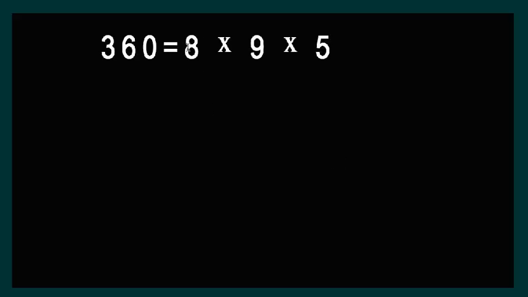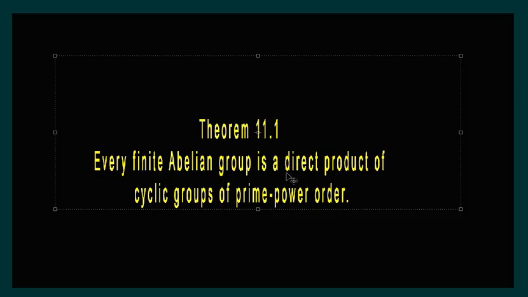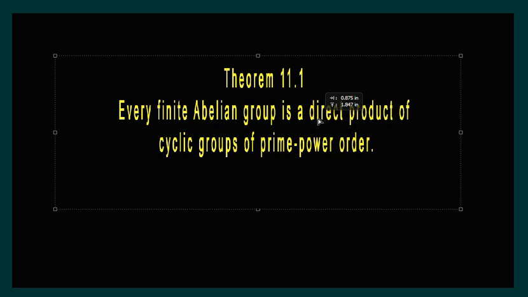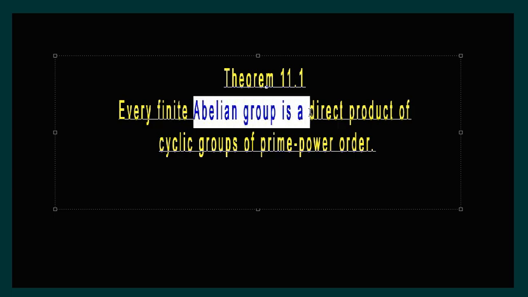Okay, so let's have this example. For a number, let's say 360. 360 can be expressed as a product of 8, 9, and 5. But as the theorem in chapter 11 says, every finite abelian group is a direct product of cyclic groups of prime power order.